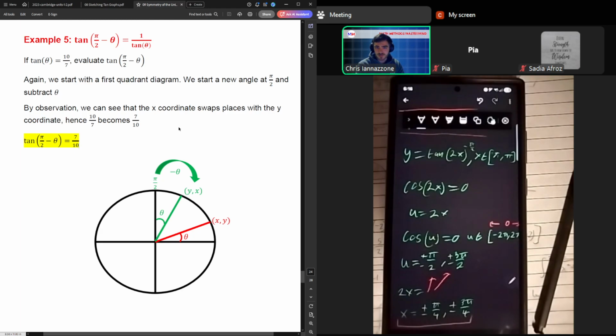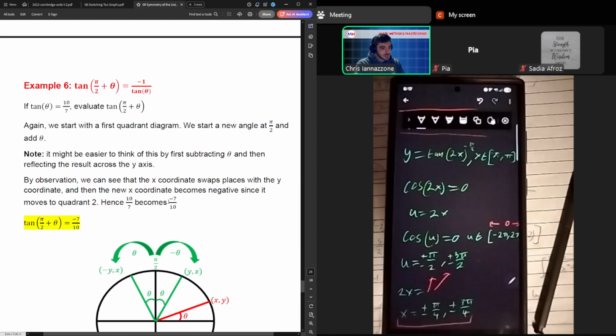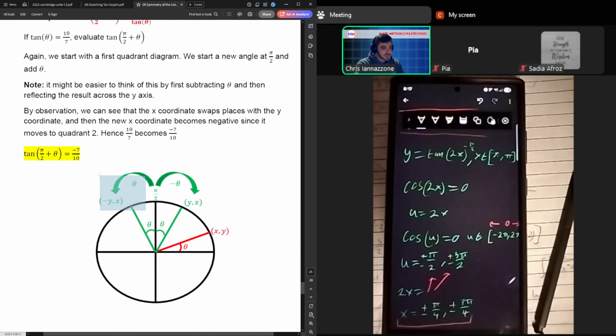Just convert that to a fraction first. So 0.1 would be 1 over 10, and then you flip that to 10 over 1 if you need to do that flip. Point being, you flip numerator and denominator because y divided by x, or sine divided by cos, those positions have reversed. Same thing with plus theta, but because you're in quadrant 2, you're now making that value negative.